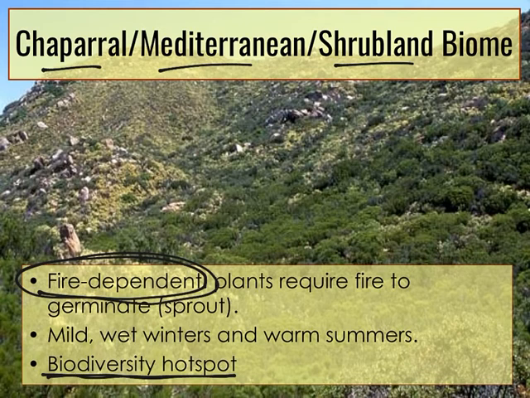Obviously, we see more fires occurring more frequently in various parts of our planet, which is linked to human use of land, a topic we'll talk more about later.